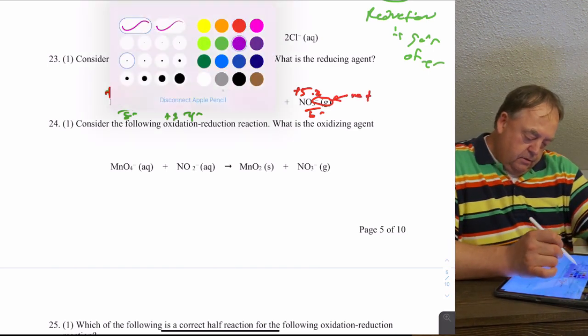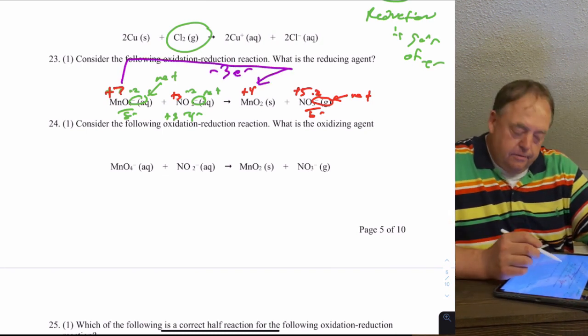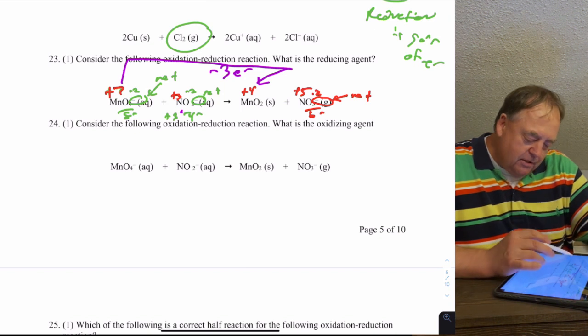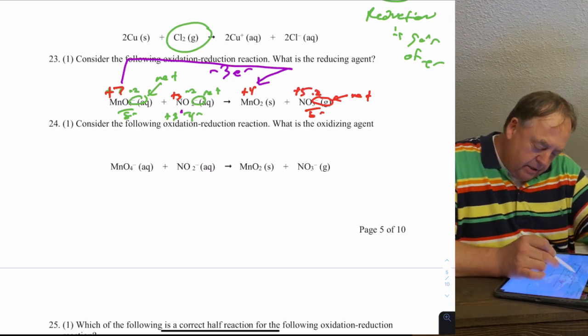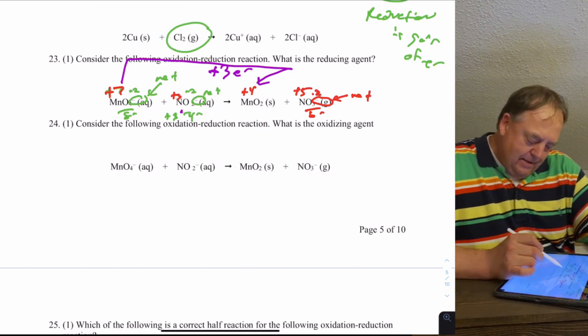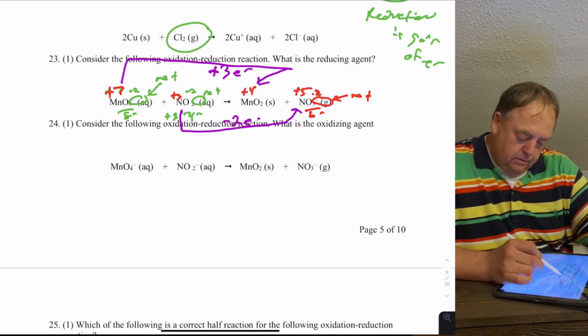Okay, so how did manganese go from being +7 to +4? By gaining 3 electrons. Nitrogen going from +3 to +5 means it lost 2 electrons.